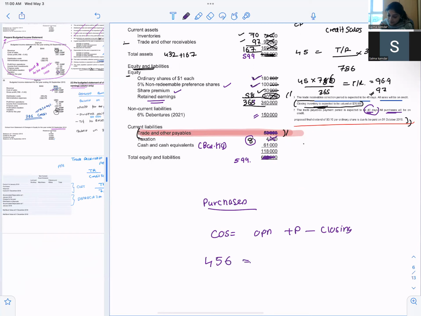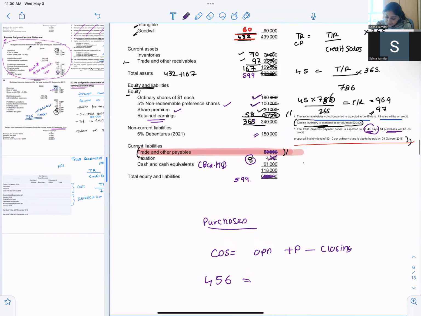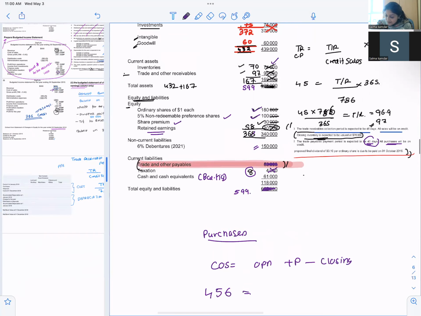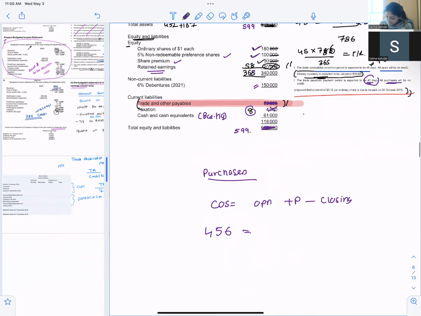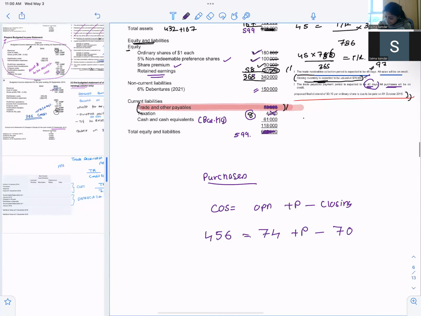Opening inventory is last year's closing inventory, which was 74,000. I don't know my purchases, but I know my closing inventory is 70,000. So 456 minus 74 plus 70 will give me my purchases. My purchases will become 452.